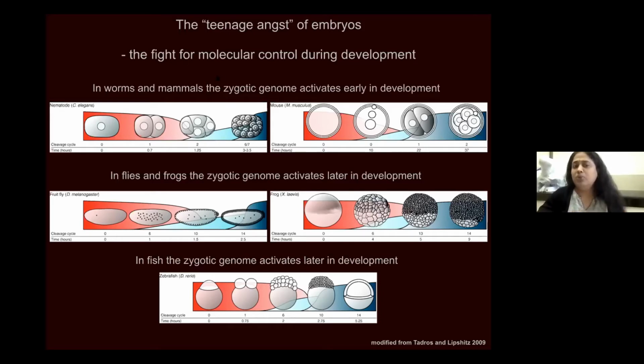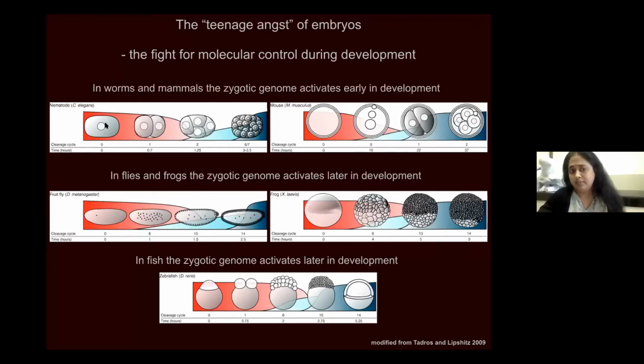So what is known is that in that single cell embryo, the mother, the adult female, deposits a lot of information, and that information is in the form of mRNA and protein, which is depicted here in red.